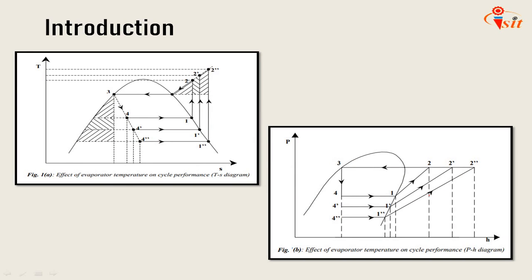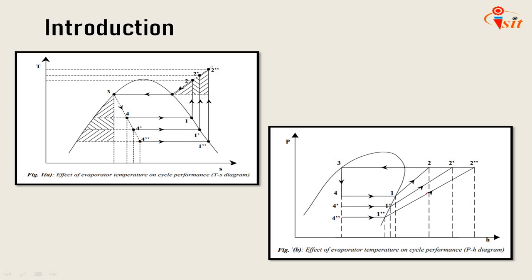A single-stage vapor compression refrigeration system has one low side pressure on the evaporator side, that is evaporator pressure, and one high side pressure, that is condenser pressure. The performance of single-stage systems shows that these systems are adequate as long as the temperature difference between the evaporator and condenser is small.